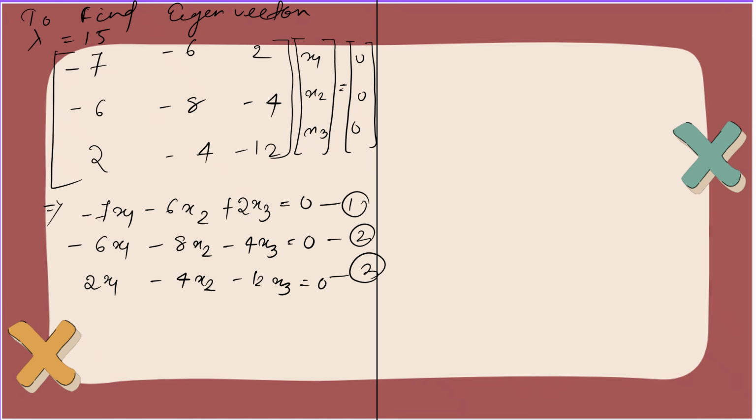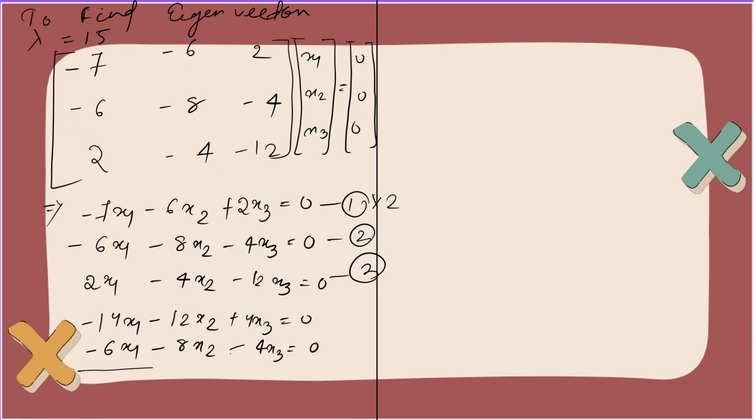So for solving this, multiply equation 1 by 2, so you get minus 14x1 minus 12x2 plus 4x3 equal to 0. Add to the second equation, minus 6x1 minus 8x2 minus 4x3 is equal to 0.